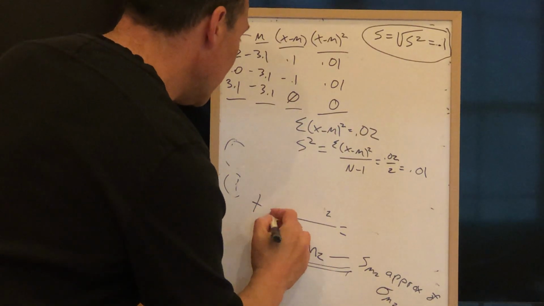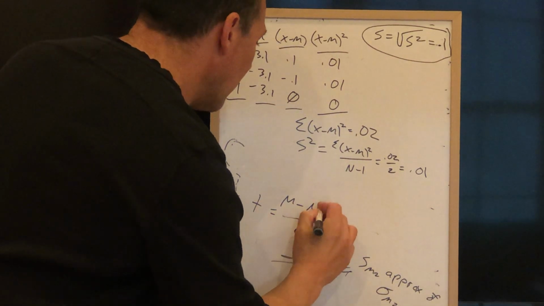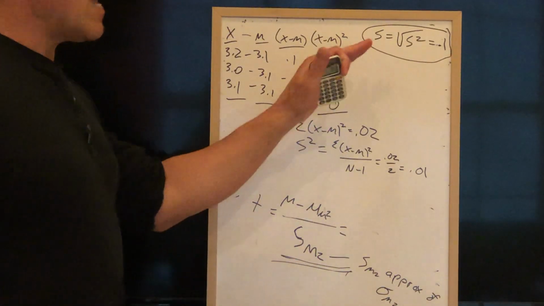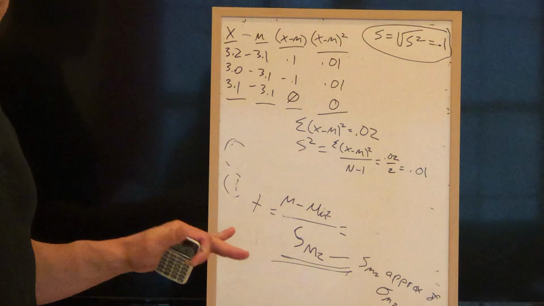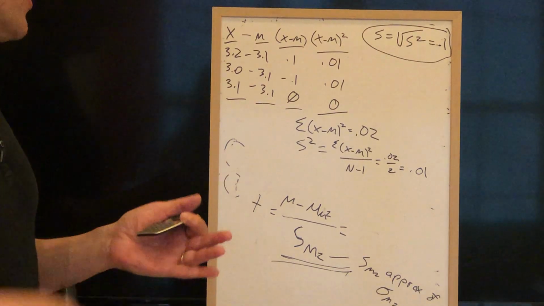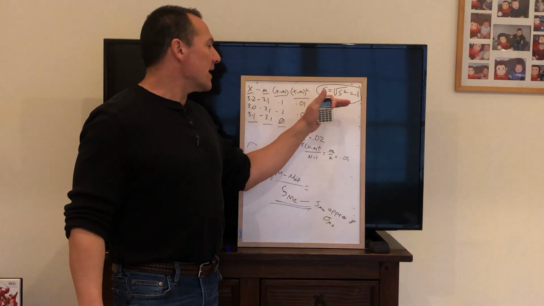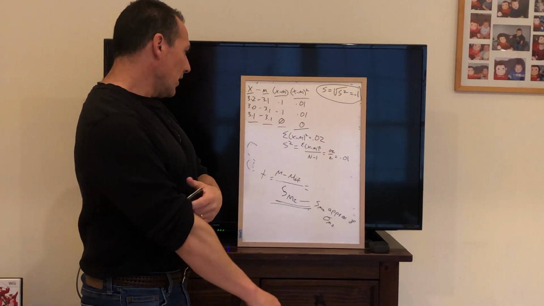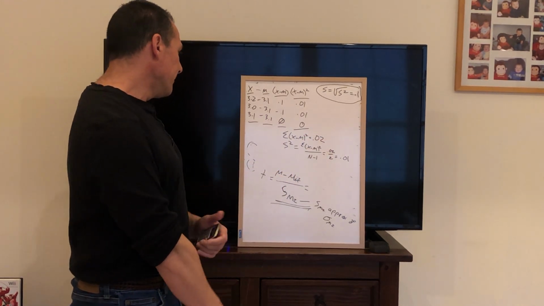Remember, t equals M minus mu sub M sub 2 divided by s sub M sub 2. S is not used in those calculations. S will be used later. S is our best estimate of sigma, or our best estimate of the population level standard deviation.